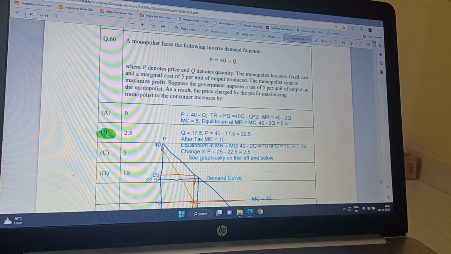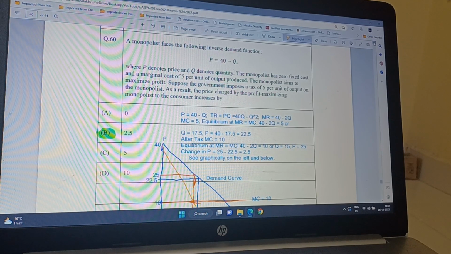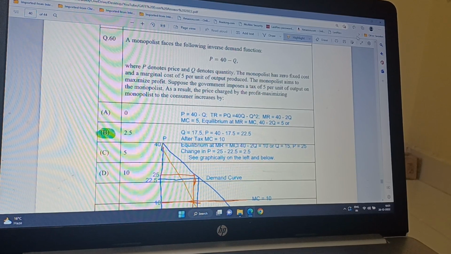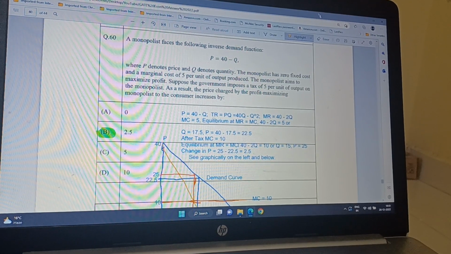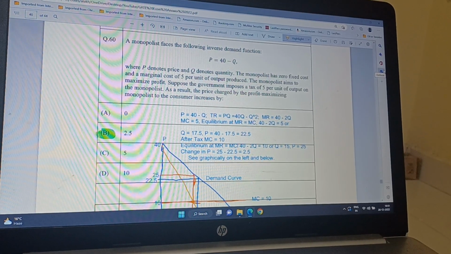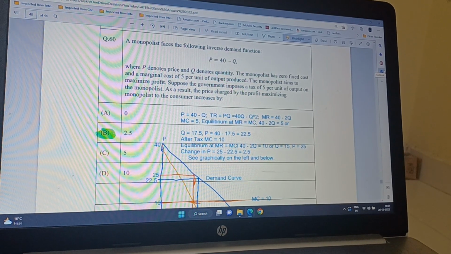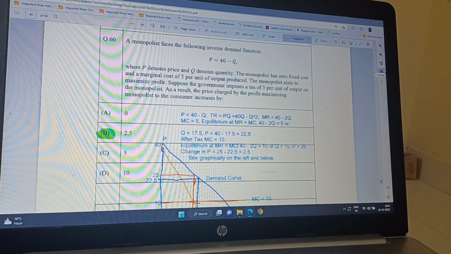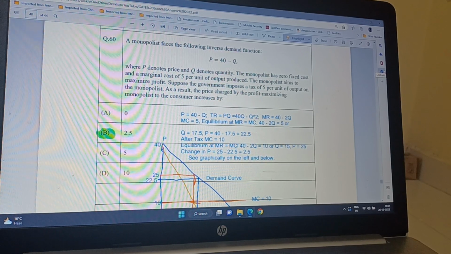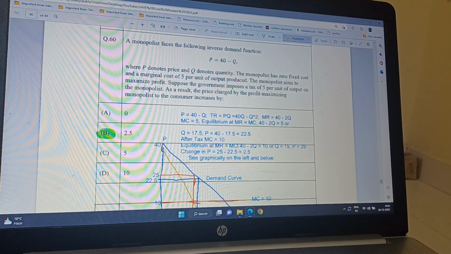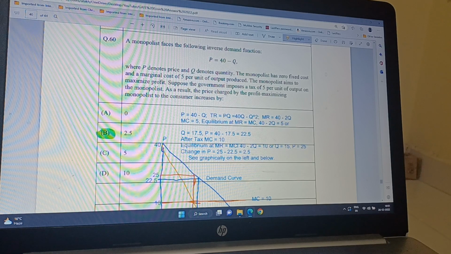So we go by this mathematically as well as graphically. Mathematically, P is equal to 40 minus Q. Total revenue is PQ, which is 40Q minus Q squared. And we calculate marginal revenue, because for profit maximizing, marginal revenue must equal marginal cost. So MR is the derivative of PQ, which is 40 minus 2Q. MC is equal to 5, as given.